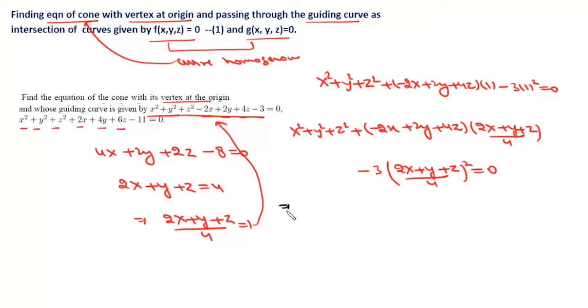And if we simplify this equation, we'll get this result as 12x square minus 21y square minus 29z square minus 18yz minus 12zx plus 4xy equals 0, which is the required equation of this cone.